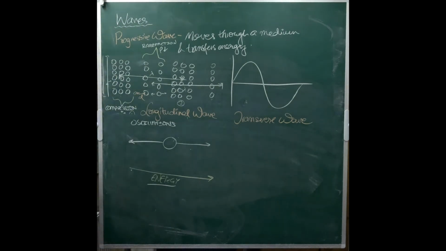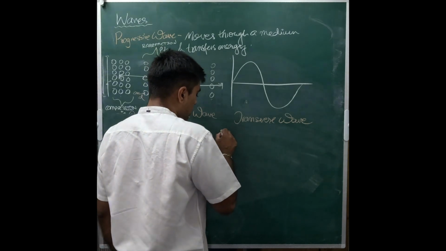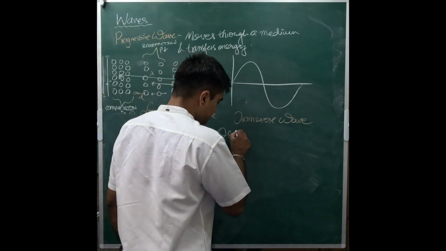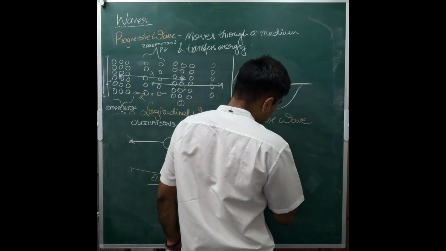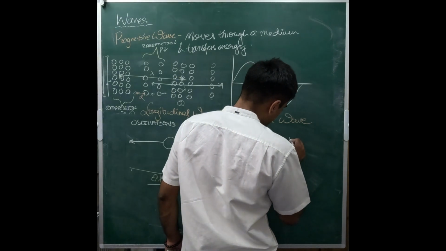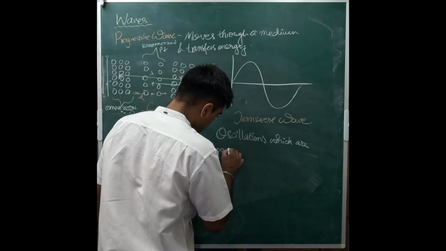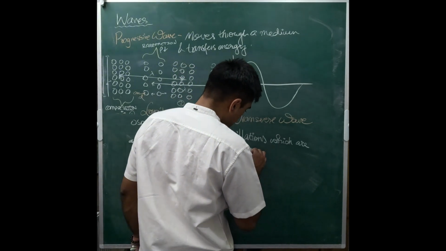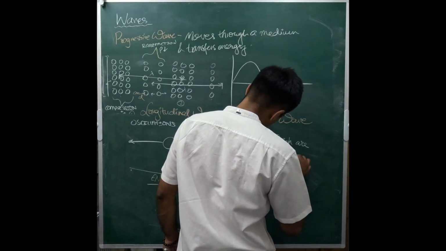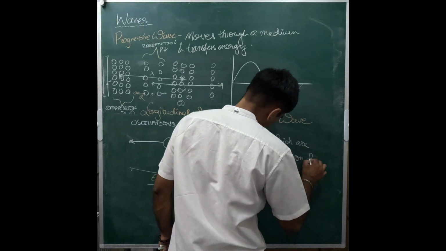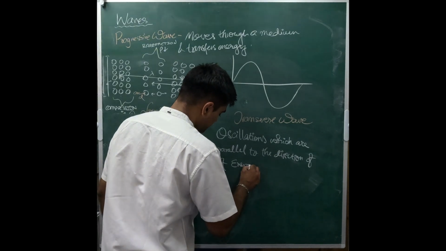So let's come up with our definition now. Longitudinal waves are waves which have oscillations which are parallel to the direction of energy transfer.